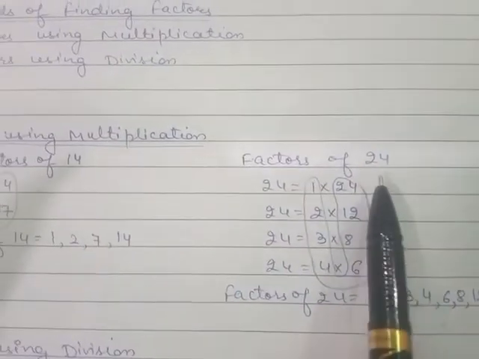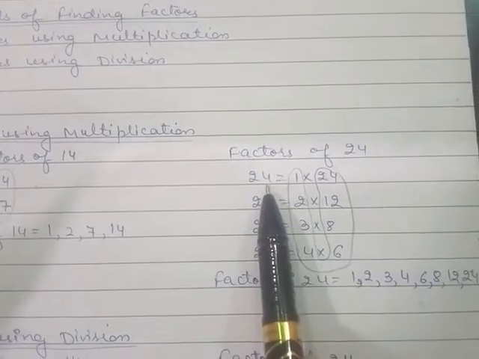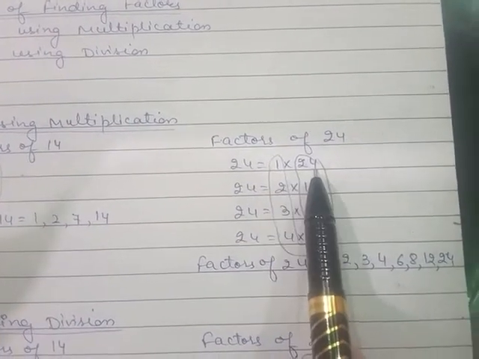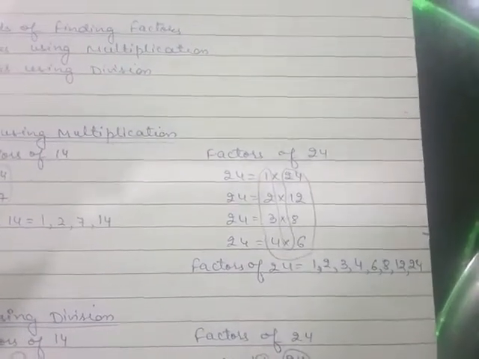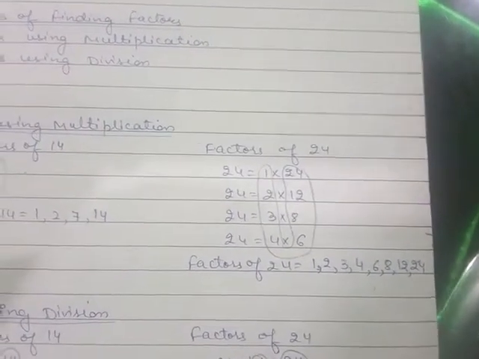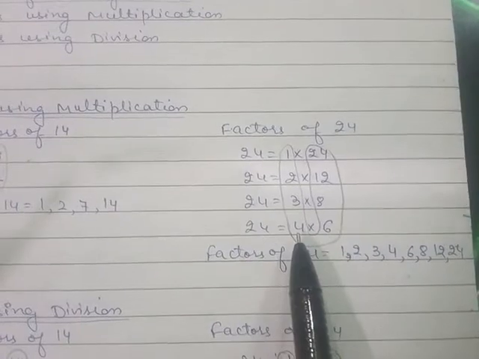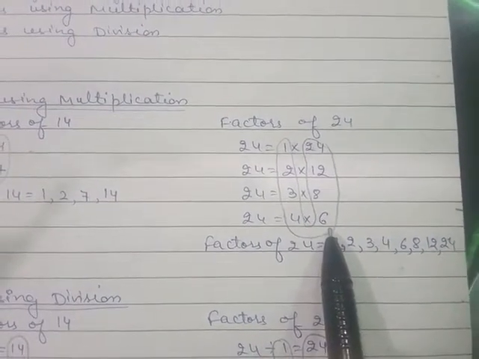Let us take another example: factors of 24. 24 is equal to 1 into 24. 24 is equal to 2 into 12. 24 is equal to 3 into 8. 24 is equal to 4 into 6.